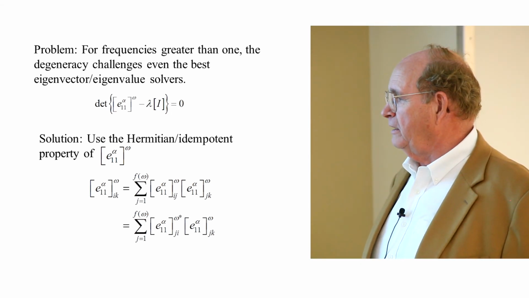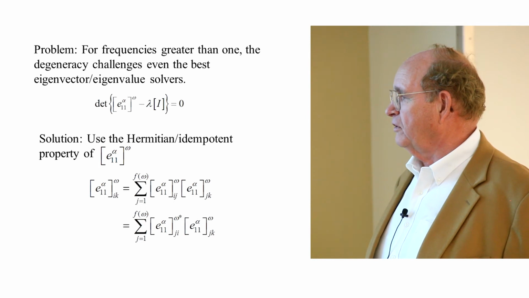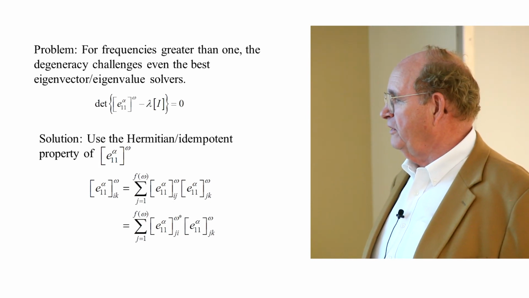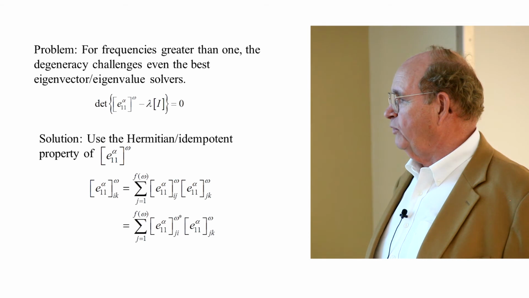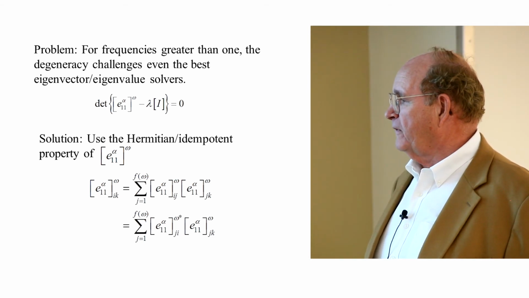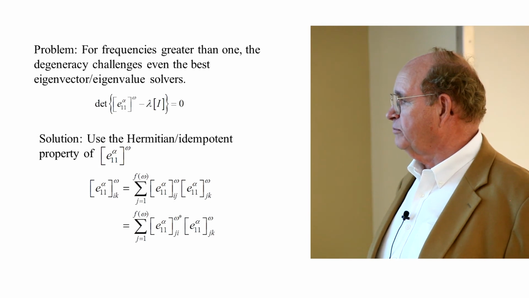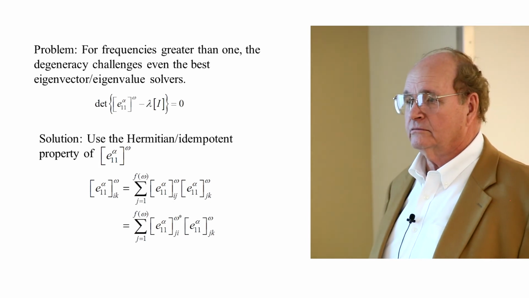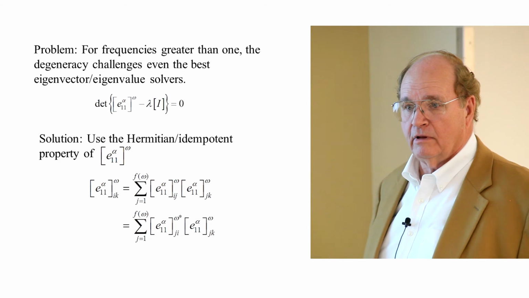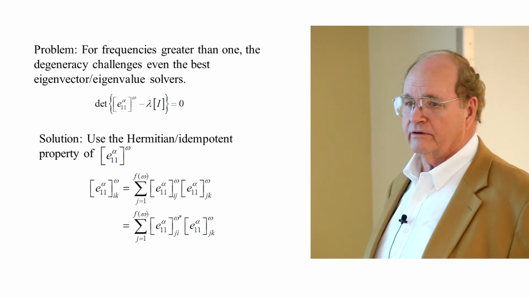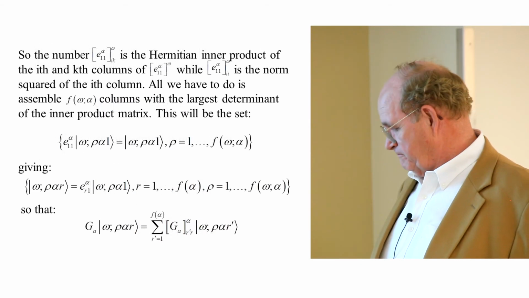But hey, this is a Hermitian matrix. I can simply star this and switch the indices, and now what I've got really is a sum over J. I've got, in fact, the inner product of two columns here, two vectors. This is a dot product between 2 vectors in this matrix.